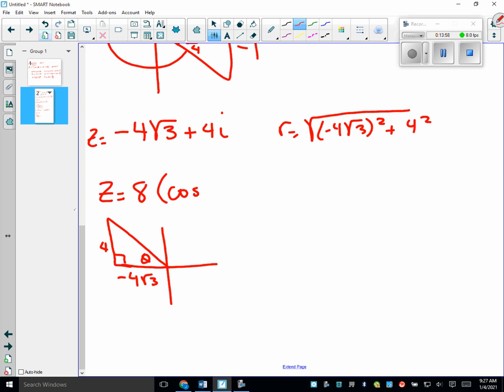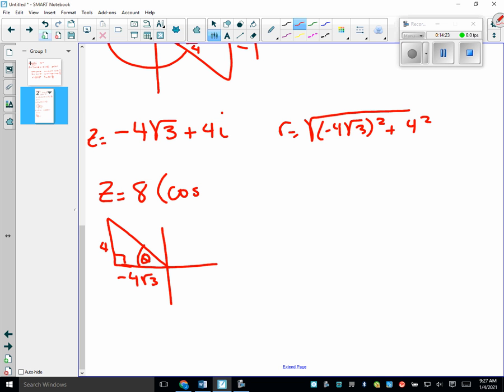Surely somebody can tell me this angle. It's 1 and negative radical 3, so it's 2. No, that's the length of that side. Oh, pi over 6.